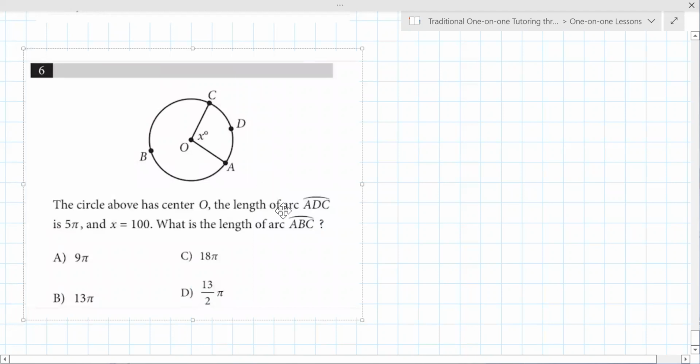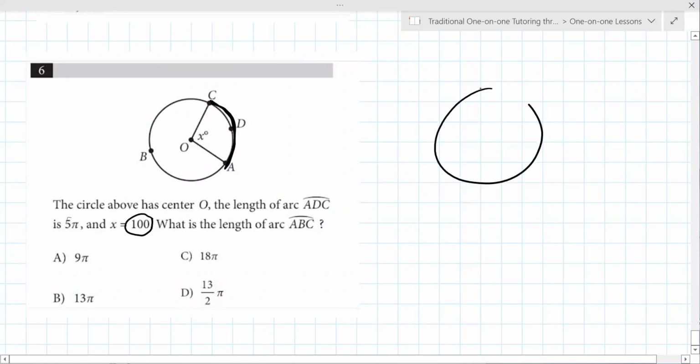The length of arc ADC, so that's A to D to C, it's this path right here, is 5 pi. And they tell you that X is 100. That's good. So if we were to make another drawing here, and sometimes that's worth doing on these, this is 100 degrees, and this length is 5 pi.